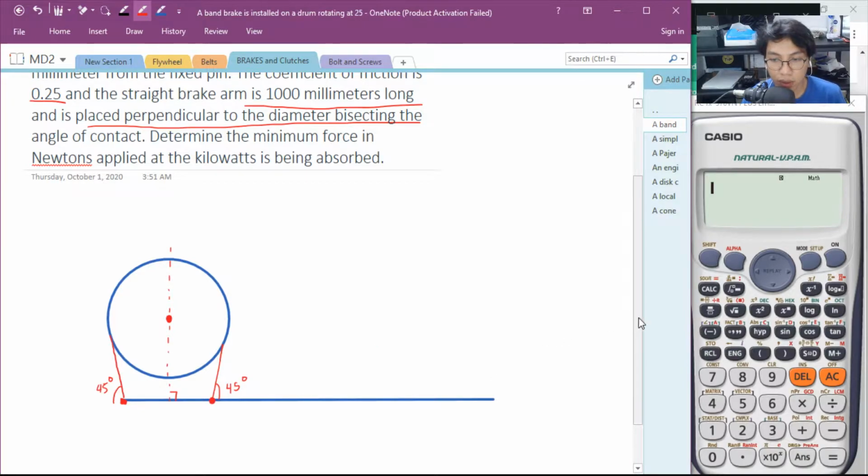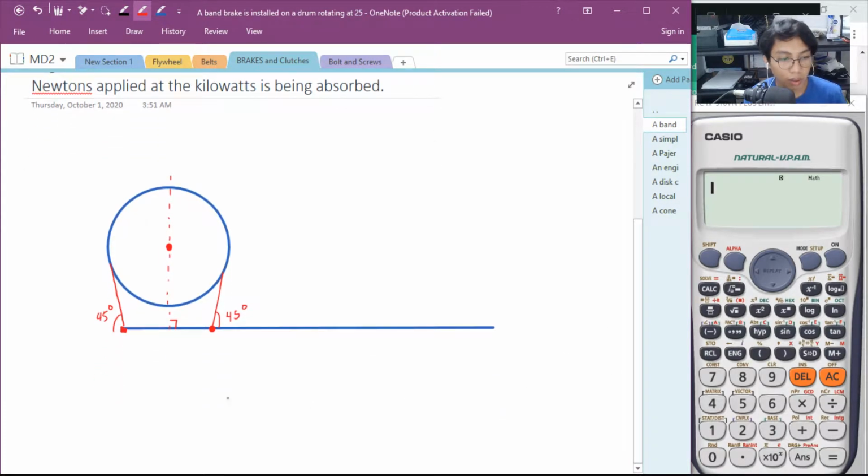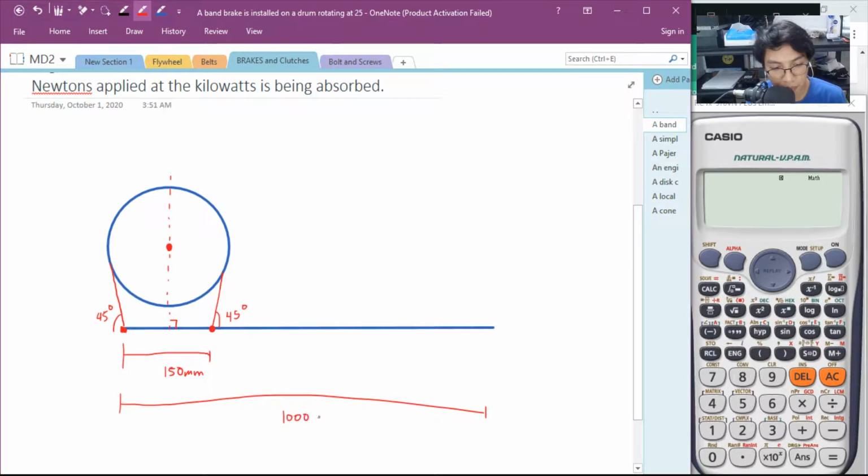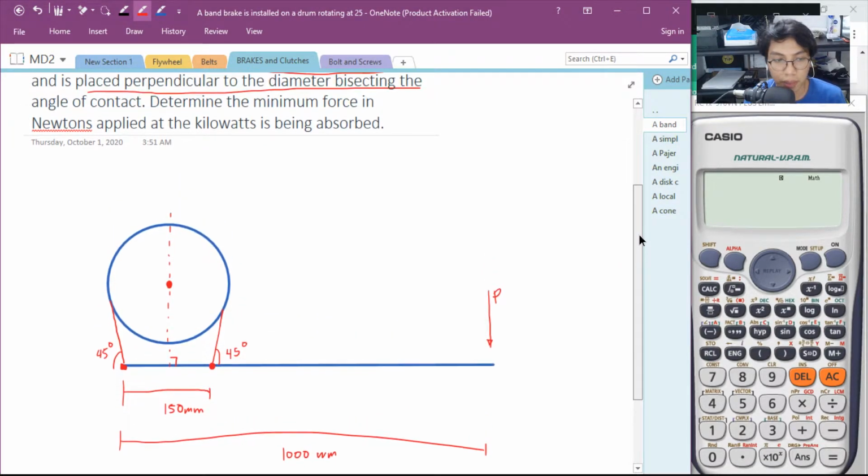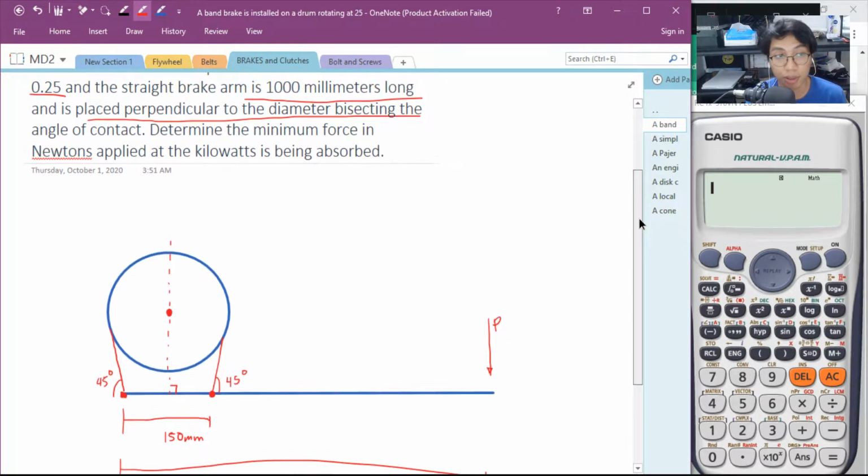Now, from here up to here, pasensya na, pare-pareho ng kulay ha. That is 150 millimeter. And from here up to here, that is 1,000 millimeter. Meron ka ditong applied force na P. That is the force that you will apply in order for you to stop the rotation of the drum.